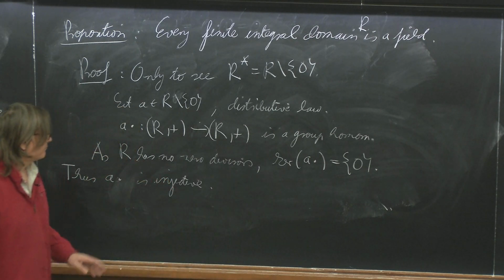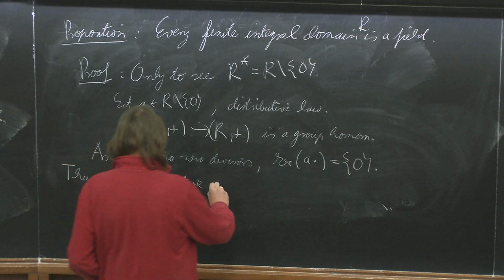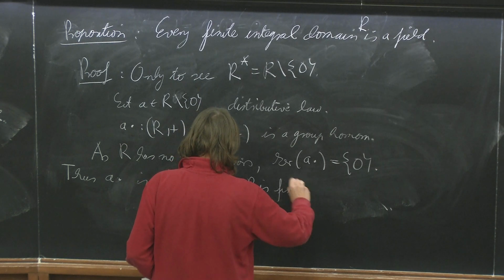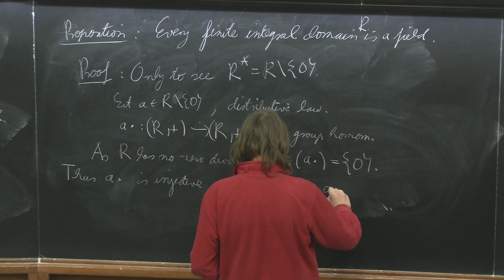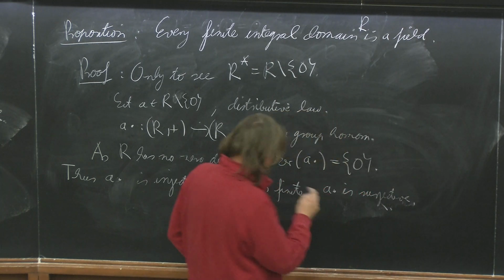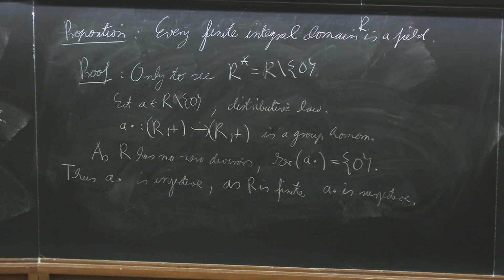But now we have an injective map from a finite set to itself, so it has to be surjective. This is used very often. It's sometimes called the Pigeonhole Principle: if you have as many boxes as you have pigeons that want to go into them, and no two are in the same box, then all the boxes have to be full.